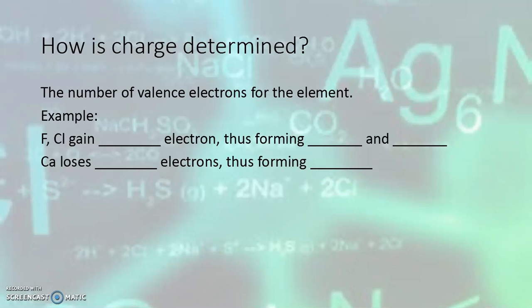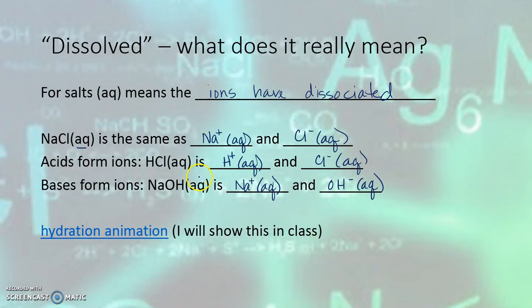What happens is you have your water, and then your sodium ions and chloride ions. The negative aspect of the water surrounds the sodium, and the positive aspect of the water surrounds the chloride, and that's what we call hydration.